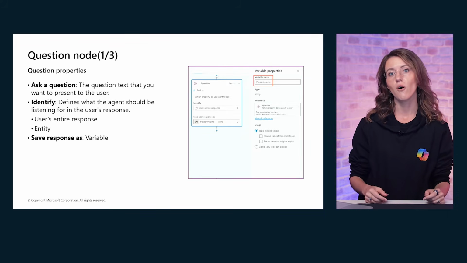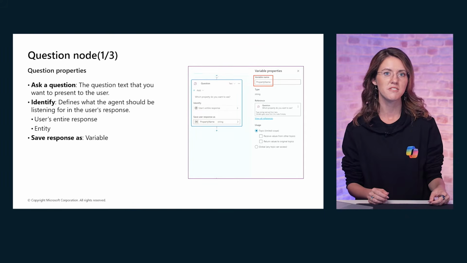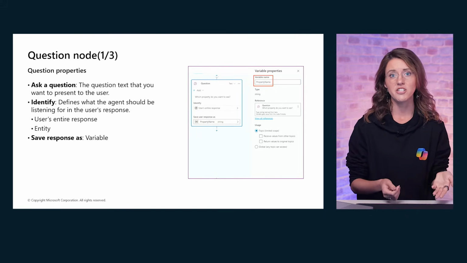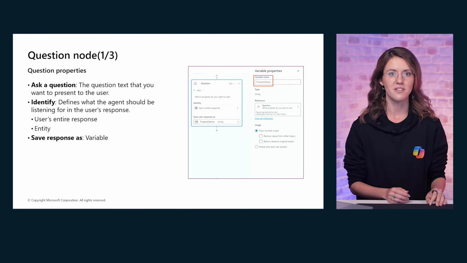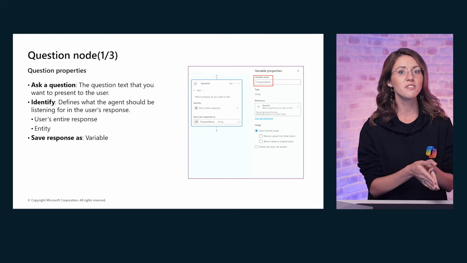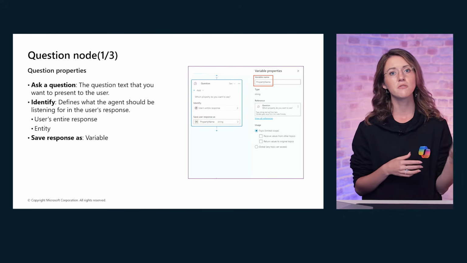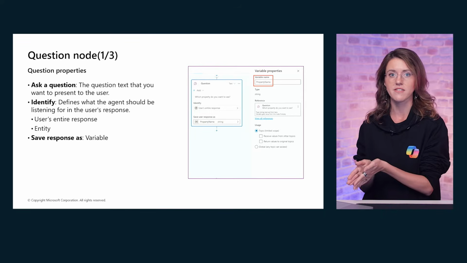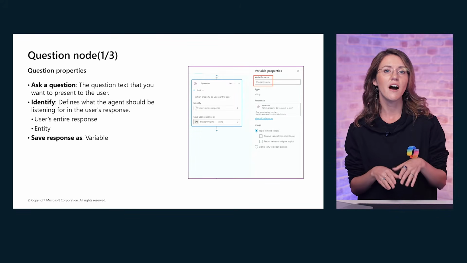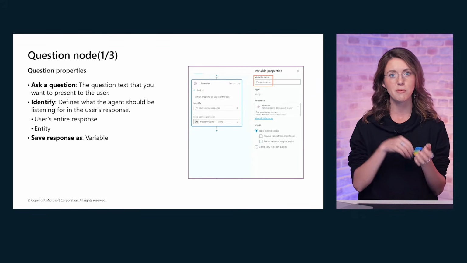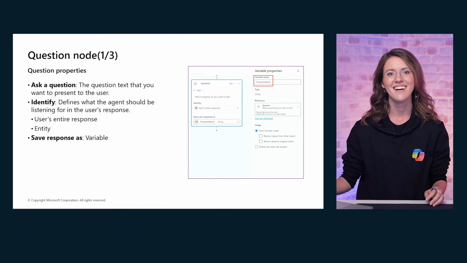The Identify field offers several predefined options to streamline interaction and make the process more user-friendly. Ask a question is the text you want to present to the user. Identify defines what the agent should be listening for in the user response, such as a user's entire response or a specific entity. And Save Response As defines how you want to save the data captured from the question, so it can be used as a variable later.